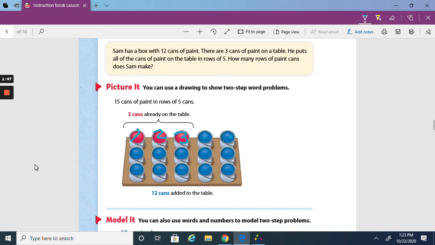Then they added to it the 12 cans of paint that were in the box. So we added 2 more because it asked for rows of 5. So we know we're doing rows of 5. Then he added another complete row of 5 and then a final row of 5. So he added 12 cans to the 3 that were already on the table.